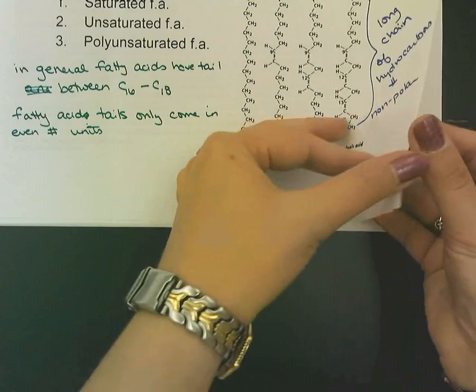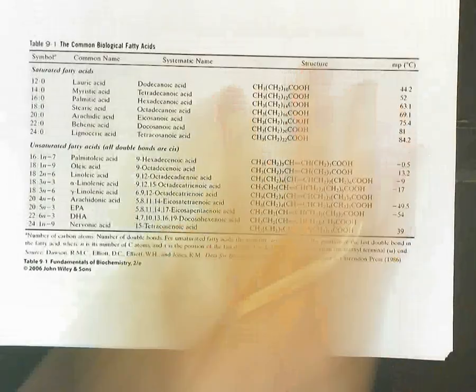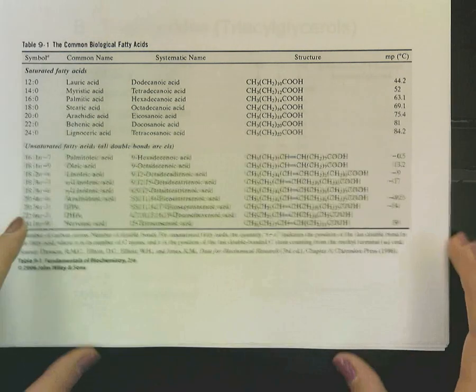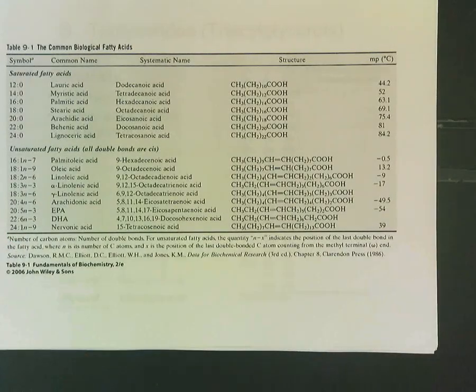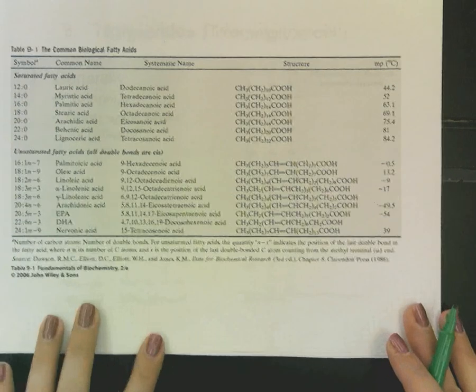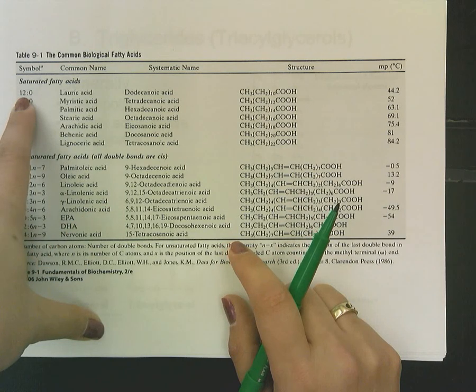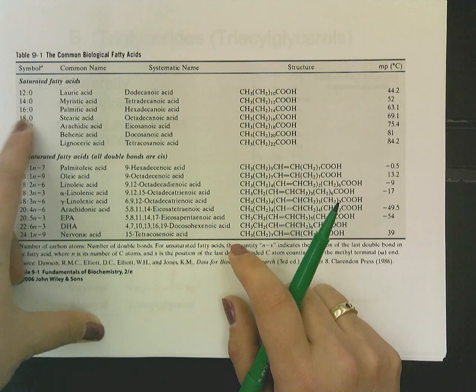Okay, let's talk about another category of lipids then. Oh, before I forget, there's this table that talks about common biological fatty acids and their melting points. What they're showing here is 12 carbons in the long chain, 0 of which are double bonded, 14 no double bonds, 16 no double bonds.